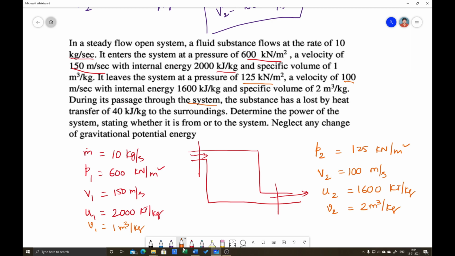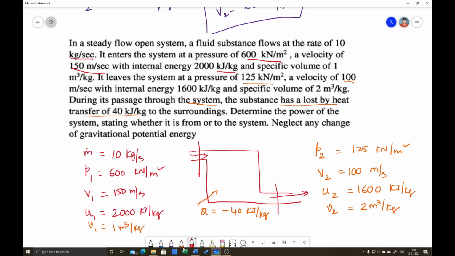And while it passes through the system, the substance has a loss by heat transfer of 40. So whatever heat is lost by the system is rejected by the system. So Q is equal to minus 40 kilojoule per kg.